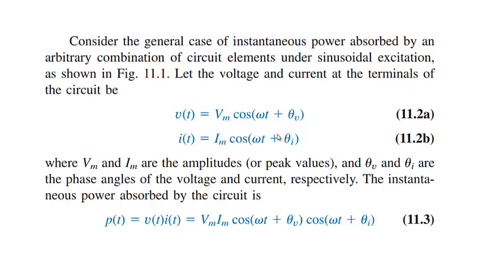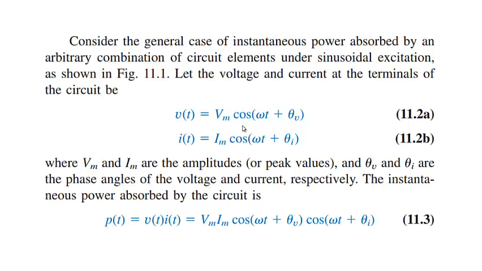Now, in general, let us consider a circuit element which is excited by a sinusoidal excitation, and let the voltage appearing across this circuit element be Vm cos(omega t plus theta V).